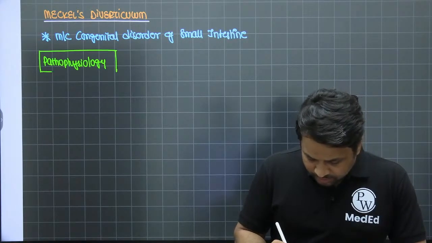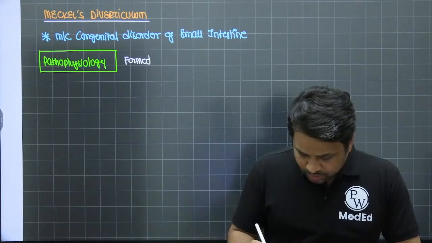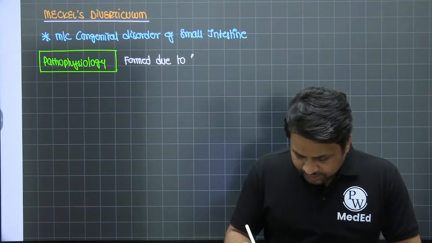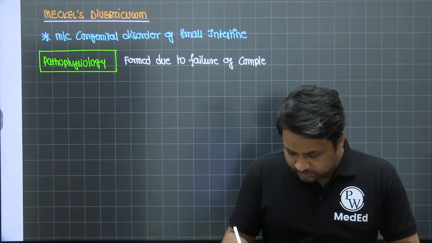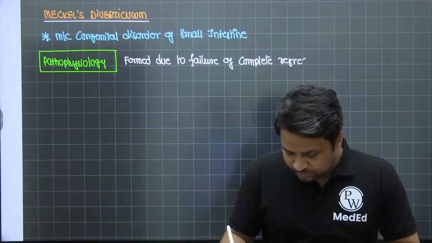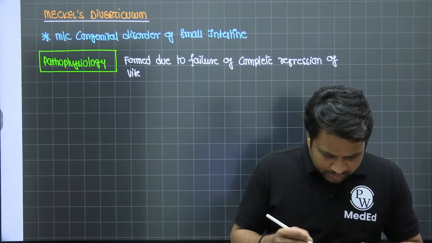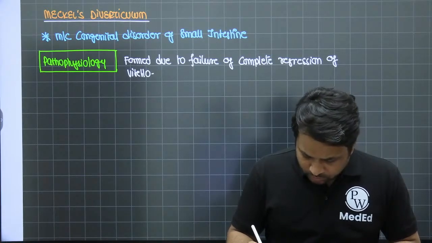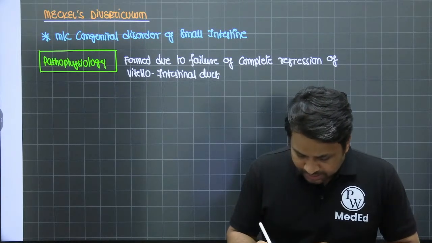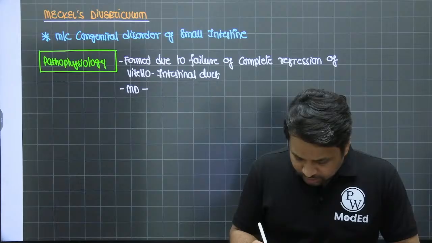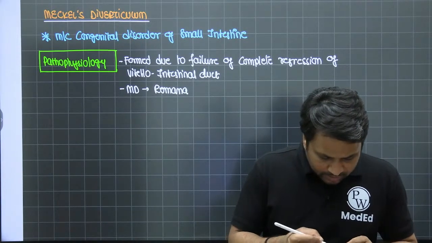Meckel's diverticulum is formed due to failure of complete regression of the vitelo-intestinal duct. In simple words, I can say Meckel's diverticulum is a remnant.